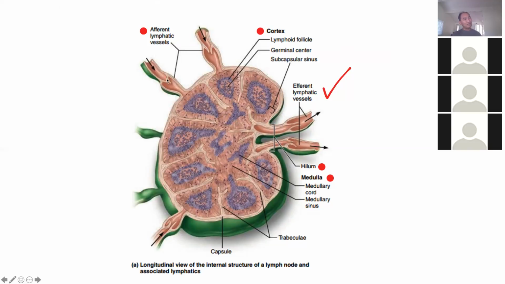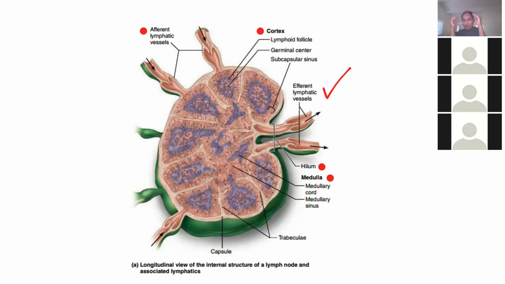You can see the valve here, draining into the cortex portion. So this is the cortex portion, the outer side is cortex, the inner side is medullary portion, medullary cords, medullary sinuses. So all the lymphatics go through from the periphery into the center, after going through the different levels of filtration.